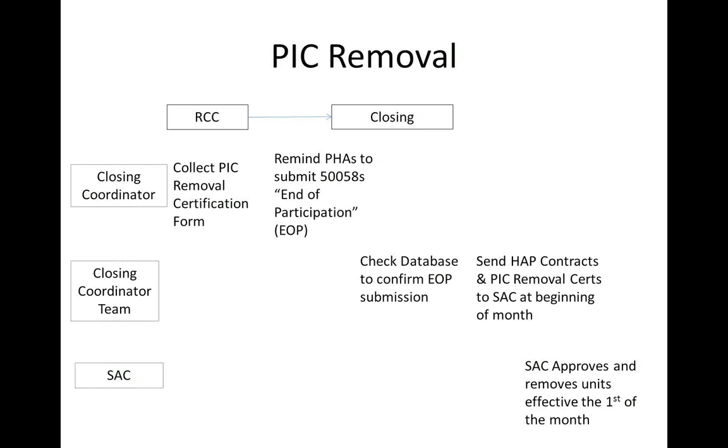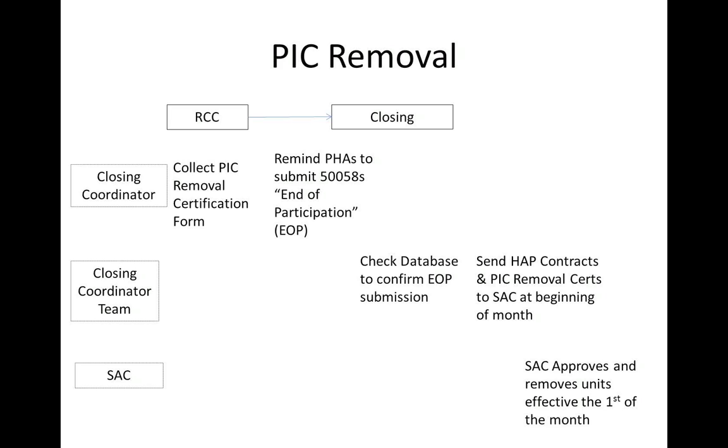Another key piece that the closing coordinator will do is to give the PHA reminders to submit what are called 50058, 50058 end of participation forms, just saying that the family is no longer a public housing family, which is necessary for the unit to be removed from PIC.